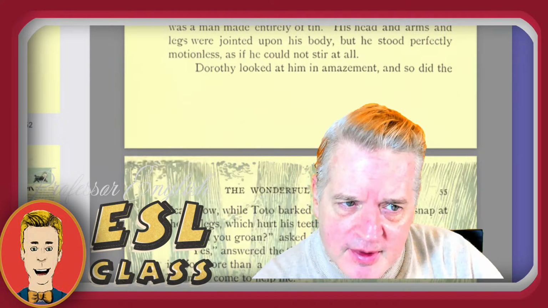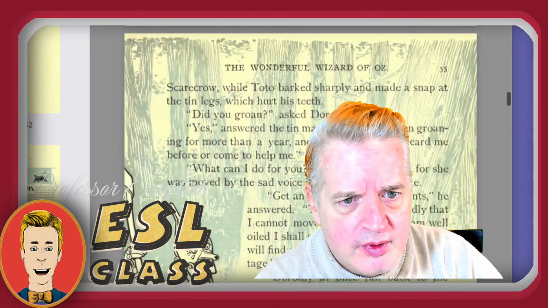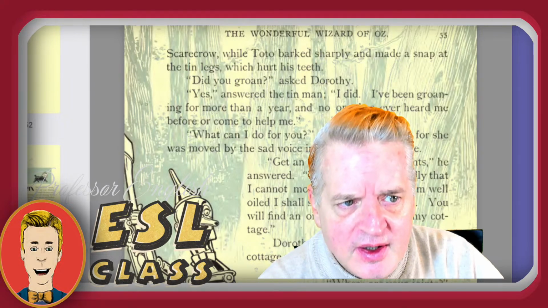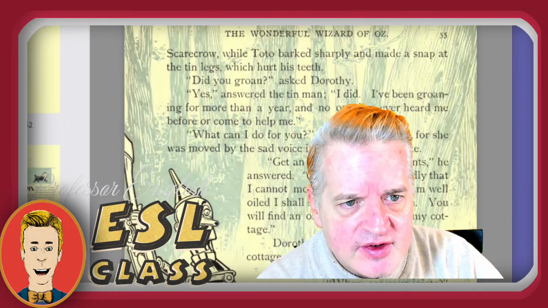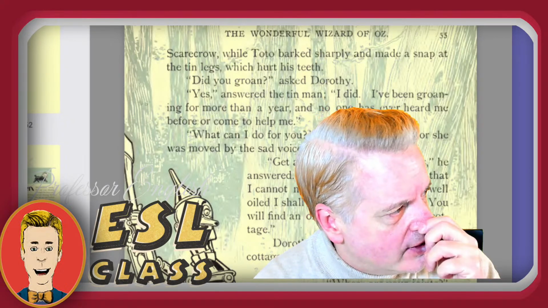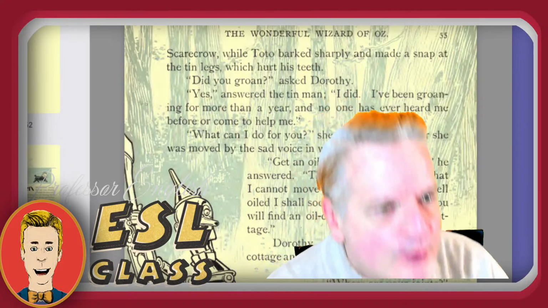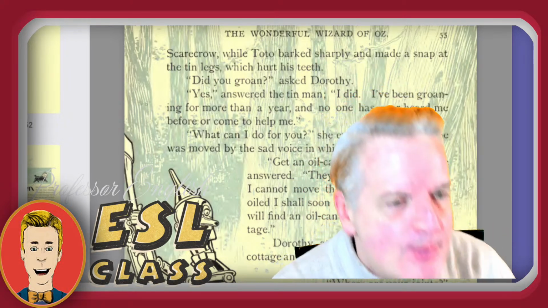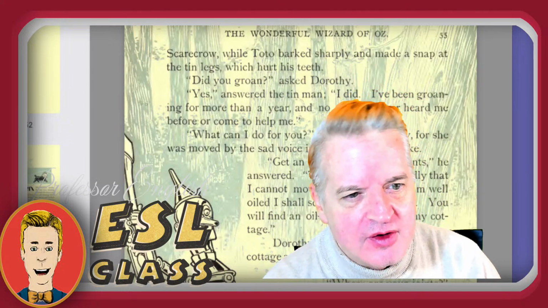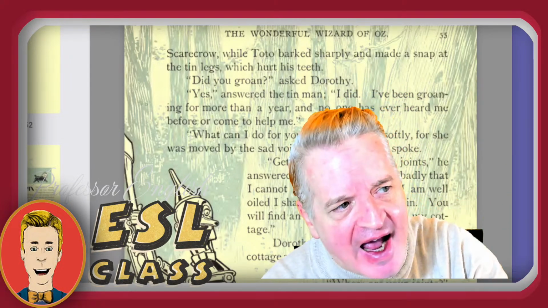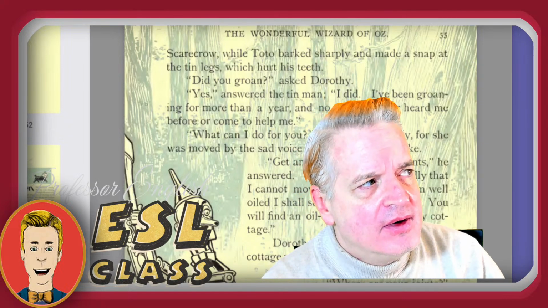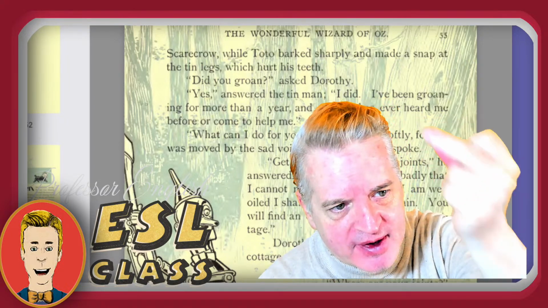Dorothy looked at him in amazement, and so did the Scarecrow, while Toto barked sharply and made a snap at the legs, which hurt his teeth. When a dog does this, like very quickly, not biting, but just that's snapping. A dog snapping at you. A cat, any animal can snap at you. And this is really snapping.